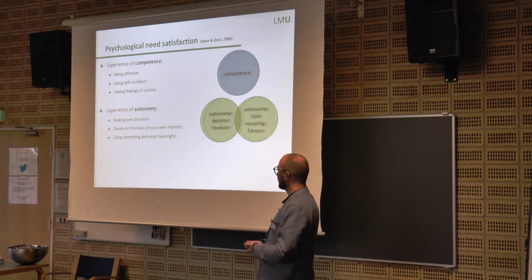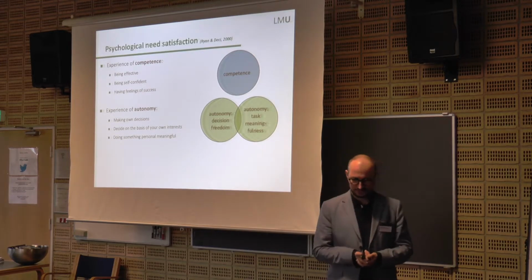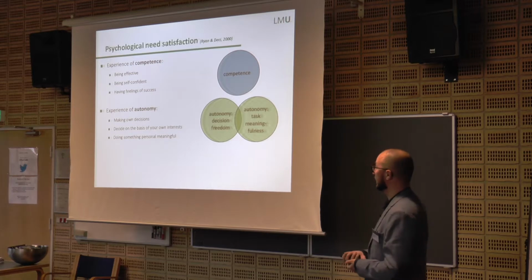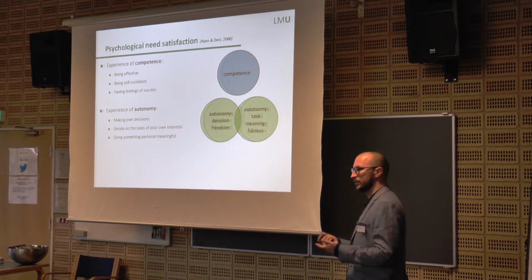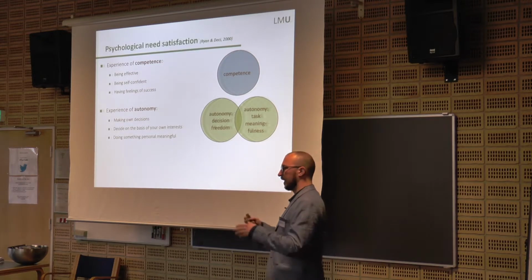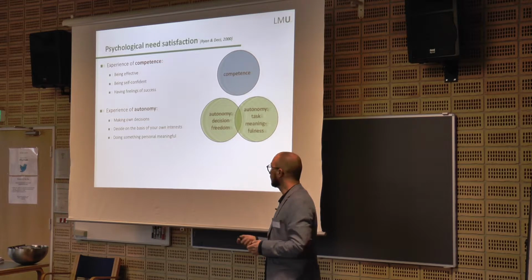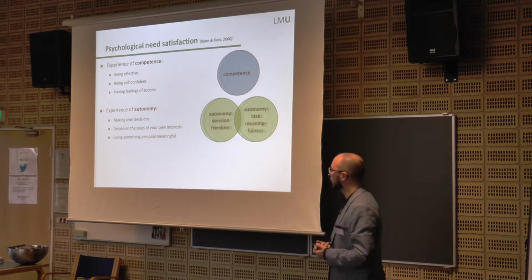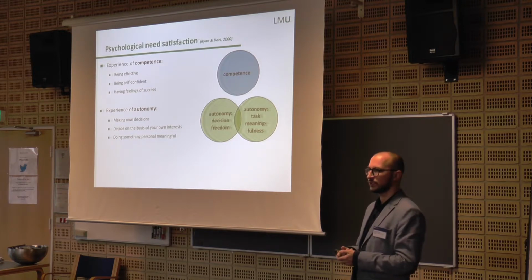Autonomy is a little bit more tricky, because autonomy actually has two sides when you look at how Deci and Ryan define it. Autonomy is at first decision freedom. So you have a lot of opportunities to engage in within a game. That's the decision freedom side, but you also have the chance to do something personal, meaningful.